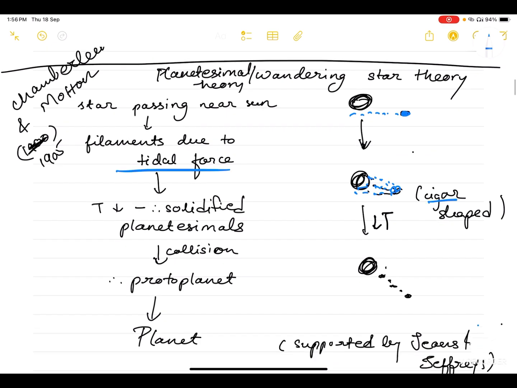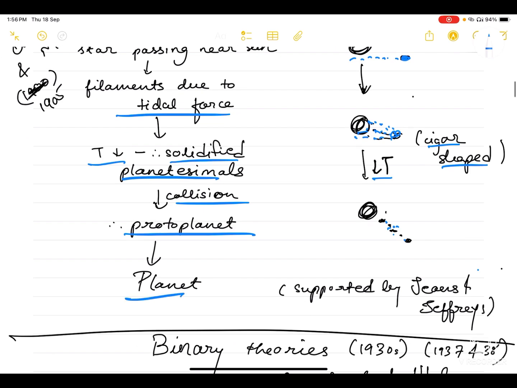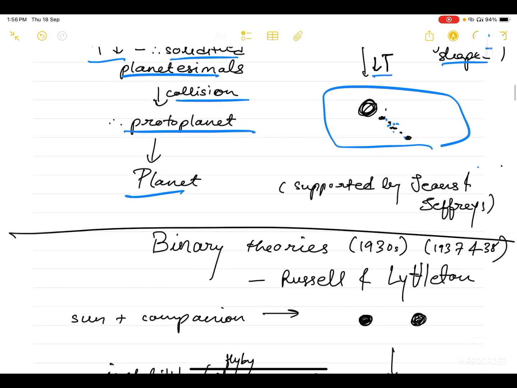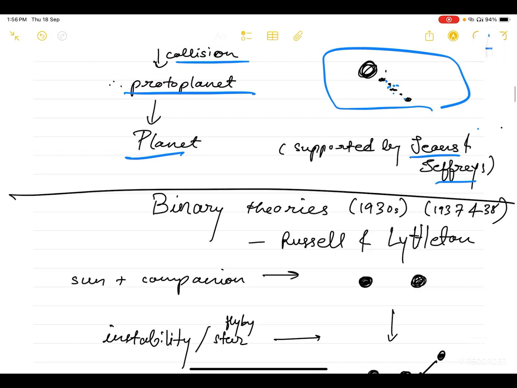This led to the formation of a cigar-shaped structure, and as the temperature went down, these filaments solidified and underwent collision, forming planetesimals, which eventually formed protoplanets and lastly planets. This theory was supported by Sir James Jeans and Sir Jeffreys.